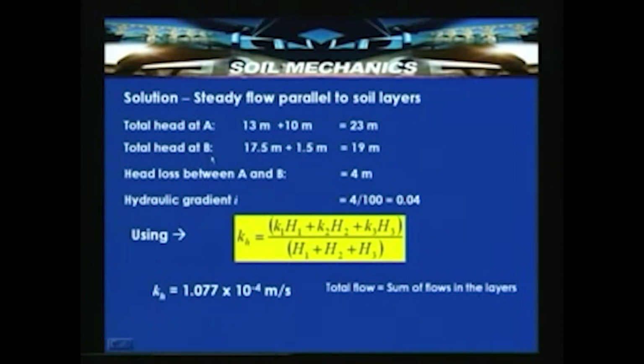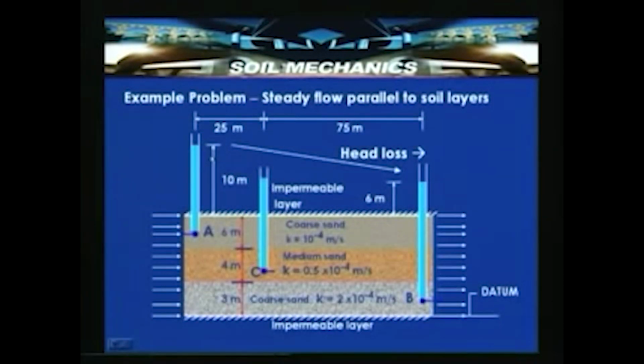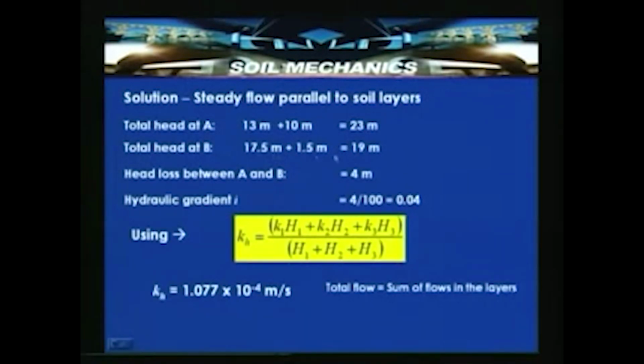The total head at B, with 1.5 meters as the elevation head and the rest as the pressure head, is 19 meters. So, head loss between A and B is 23 minus 19, which is 4 meters. The horizontal length over which this flow is occurring is around 100 meters, so the hydraulic gradient is 4 by 100, which is 0.04.